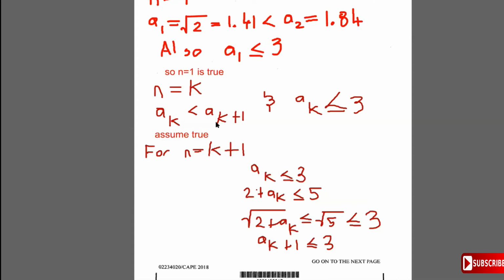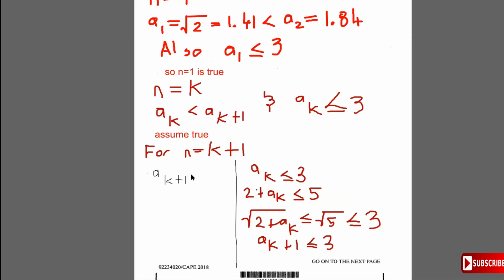Now we need to show that ak plus 1 is less than ak plus 2.